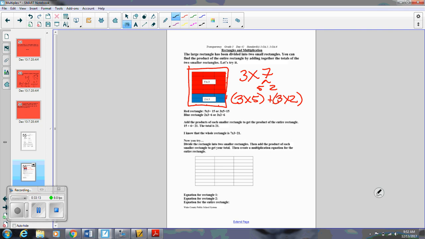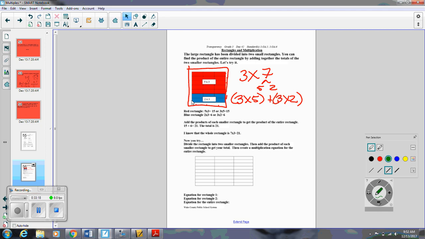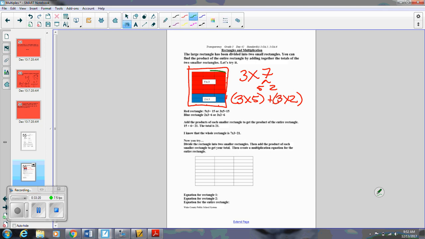This is a 5 by 3, otherwise known as 3 by 5. Do we see that? Yes. And then this is a 2 by 3, otherwise known as 3 by 2.